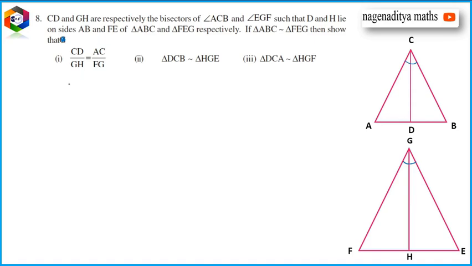So for that I am going to start the solution. We have to prove CD by GH is equal to AC by FG. That is why I am taking triangle ACD, and now triangle FGH.